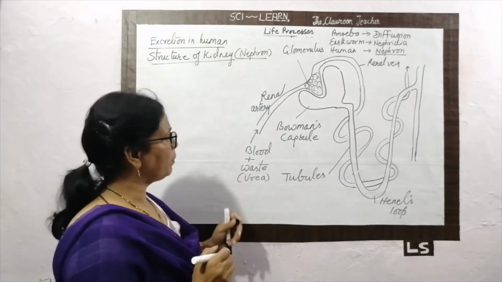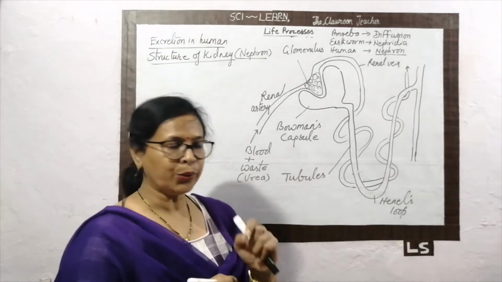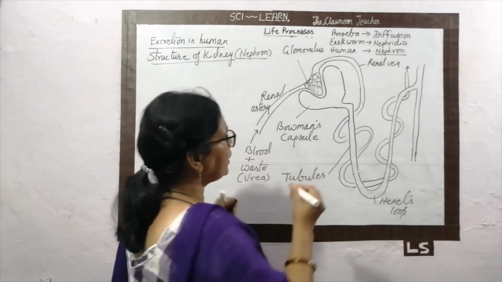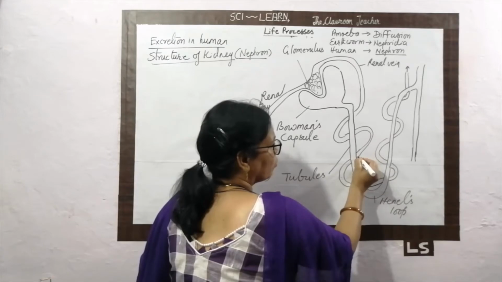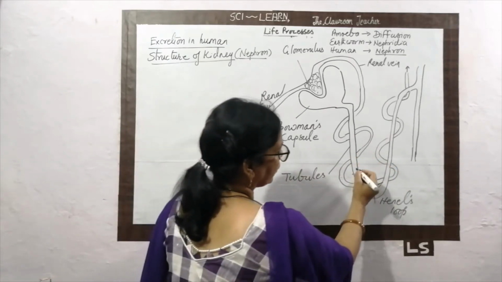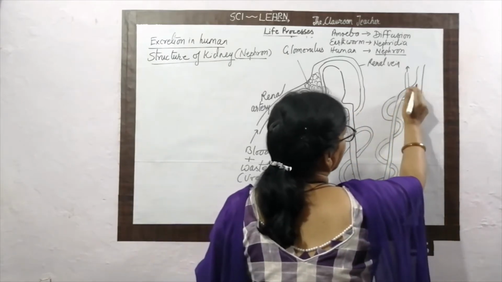Now what happened? The renal artery brought the blood containing the urea to the glomerulus of Bowman's capsule. The renal vein overlapped on the tubules of the Bowman's capsule. This tubule of the Bowman's capsule, this is the descending tubule, this is the ascending tubule.